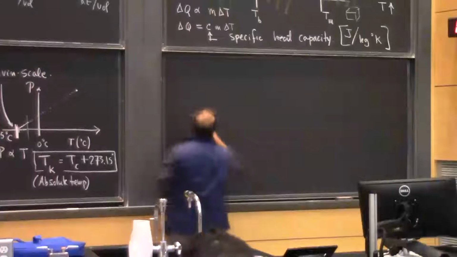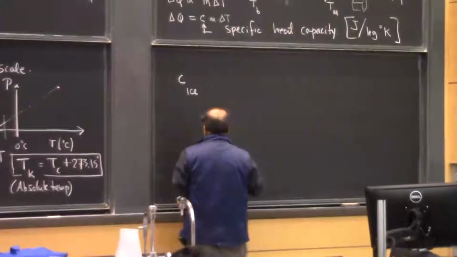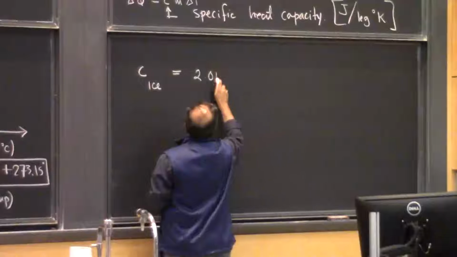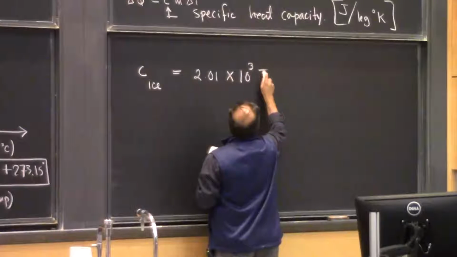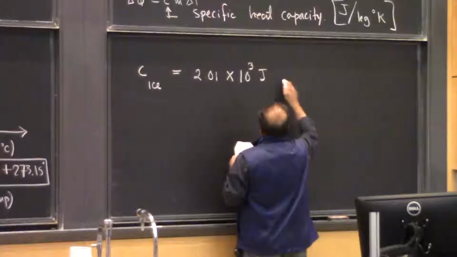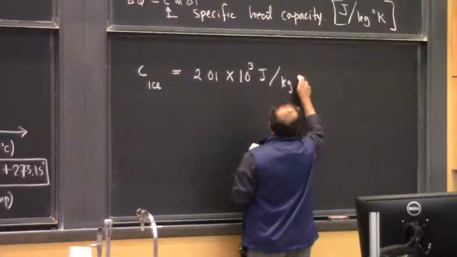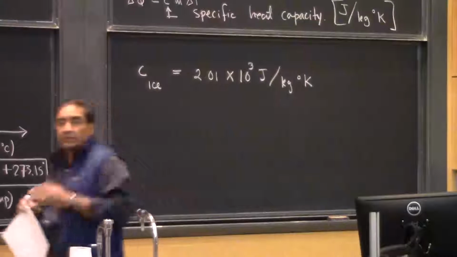For example, the specific heat capacity for ice, sea ice, turns out to be 2.01 times 10 to the 3, so roughly 2000 joules is the amount of heat you need for 1 kilogram of ice to raise its temperature by 1 degree Kelvin, or lower its temperature by 1 degree Kelvin.